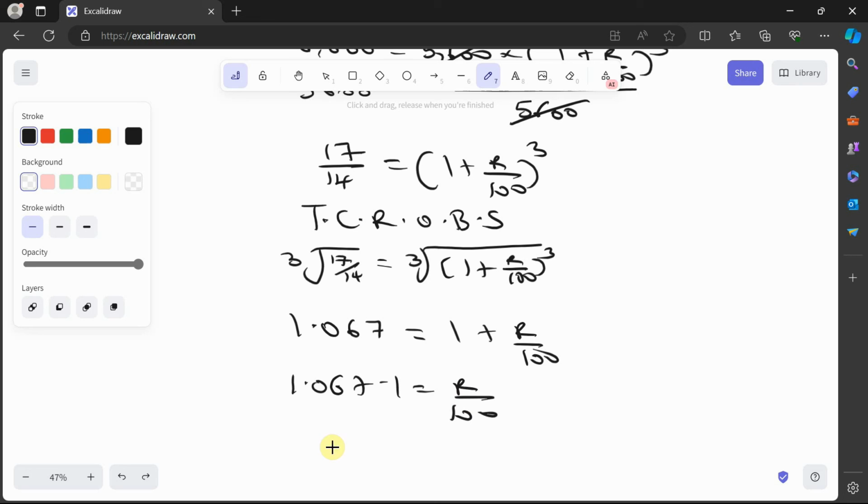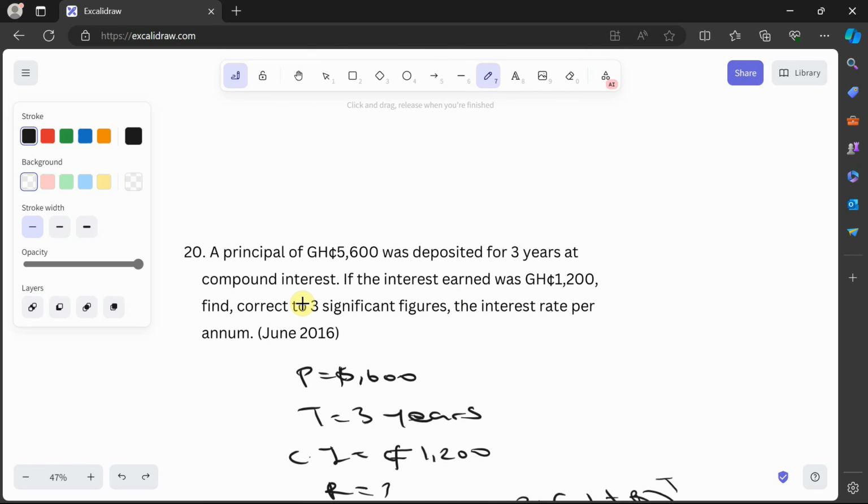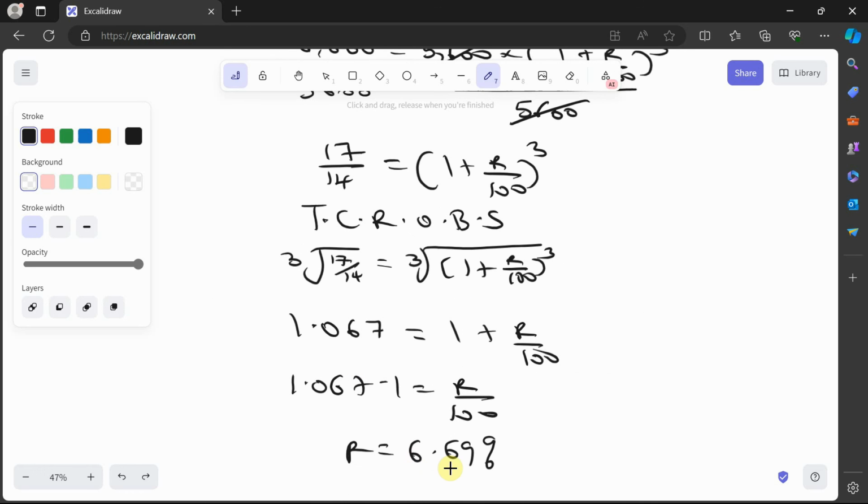If I cross multiply, then I would have what I have. So R will now be equal to 6.69%. So did they tell us how many significant places that we should leave it? Okay, it's correct to 3 significant places, which is this 1, 2, 3. So 6.69%. This should be our answer.